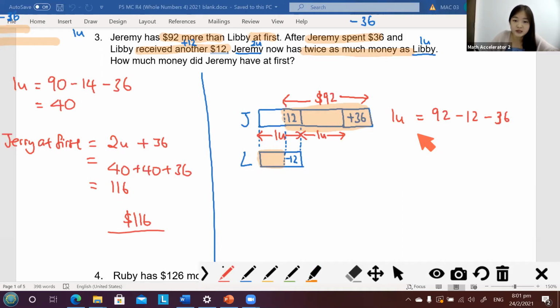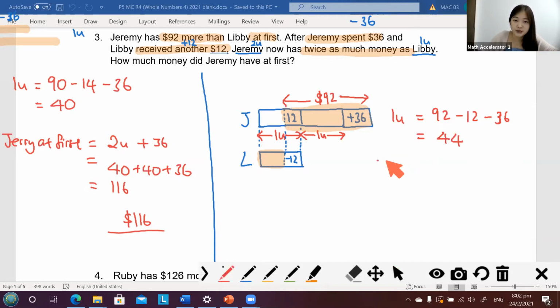If you selected 80 or 56, that means that you only subtracted 1 of each. You need to subtract both to find 1 unit because 92 consists of all 3 of it: 12, 1 unit, and 36. So that will get you 44 as 1 unit. Good job, those of you who chose 44 as your answer for 1 unit.